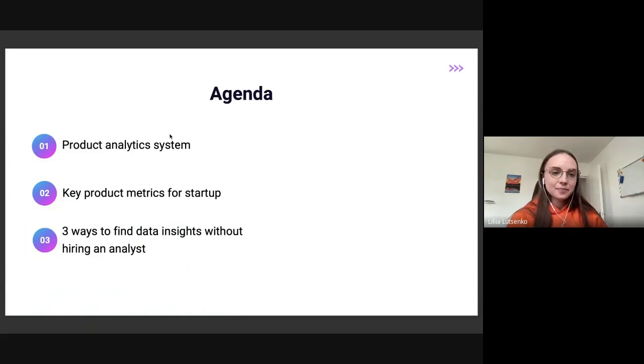What's on the agenda? First, we'll talk about how to build a product analytics system. Then what metrics to track, what metrics to measure. We'll mention North Star metrics and how to pick the best North Star covering your use case. And also about finding data insights, and then I put data in brackets: how to find product insights without hiring an analyst.